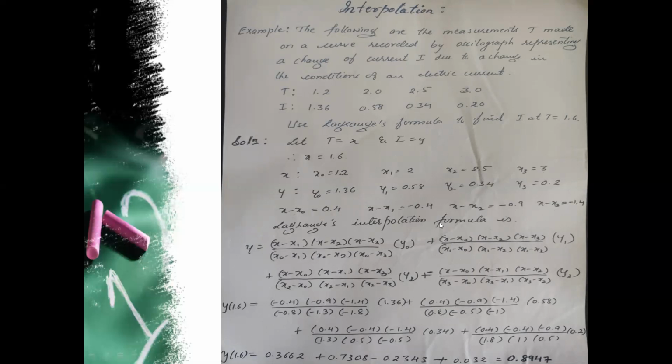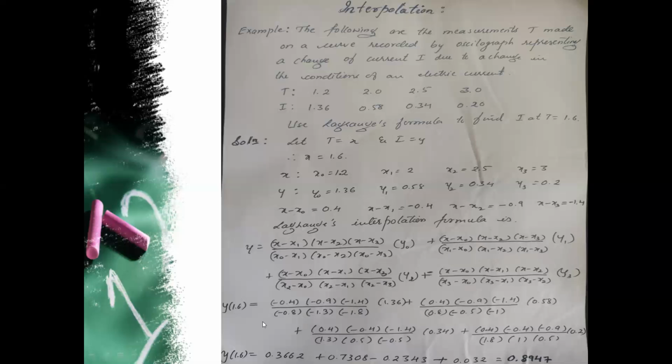Now we go for the Lagrange's formula, interpolation formula. It is given by this one here. It is written y equal to, again x naught is skipped in the numerator, denominator terms, x naught minus each of the values of x multiplied by y naught, plus second term x1 will be missing in the numerator, that is x minus x1, denominator x1 minus each of the values of x multiplied by y1, so on it is continued.